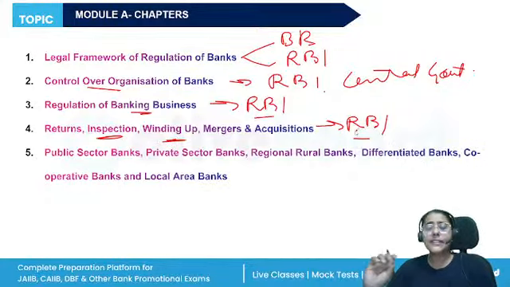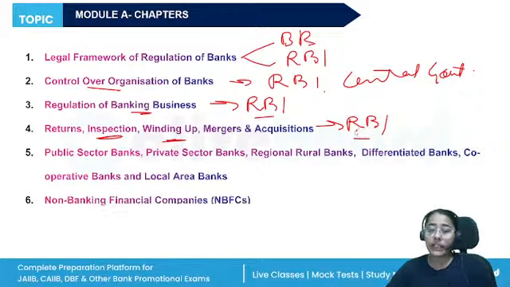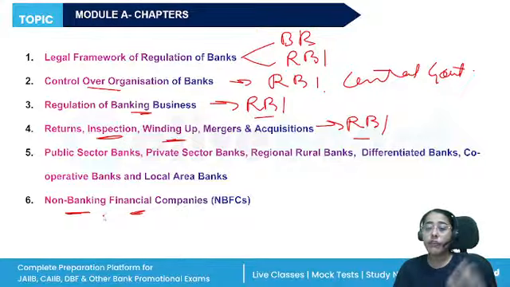Then basics about all the types of banks in India: public sector, private sector, RRBs, differential, cooperative, and local area banks. Non-banking financial companies is another important unit. So the basics of NBFCs, the regulators of NBFCs, registration, the nomenclature. Then we have the four layers, the revised scale-based regulatory structure, base layer, which types of NBFCs will be there in the base layer, middle layer, upper layer, and top layer.